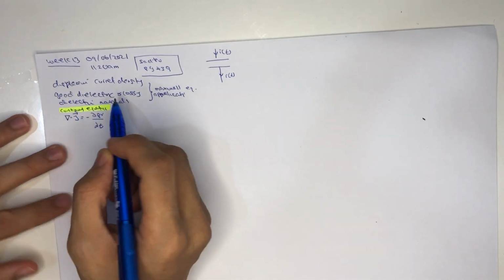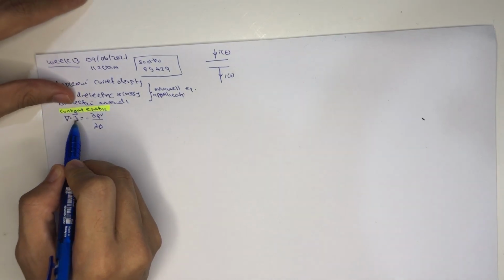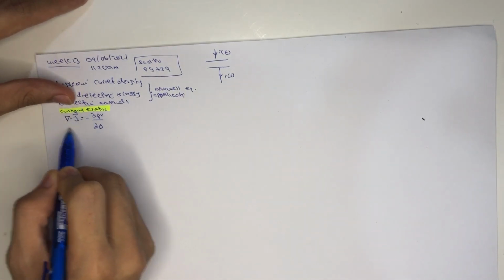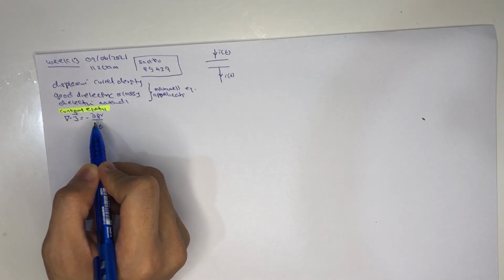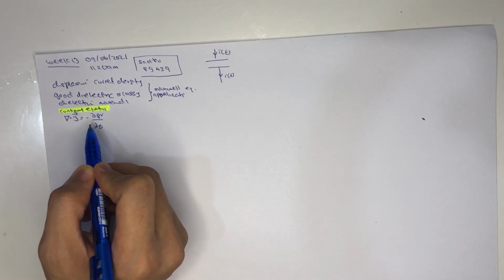Continuing, from our continuity equation, we know that divergence of J is equal to negative d rho v over dt.